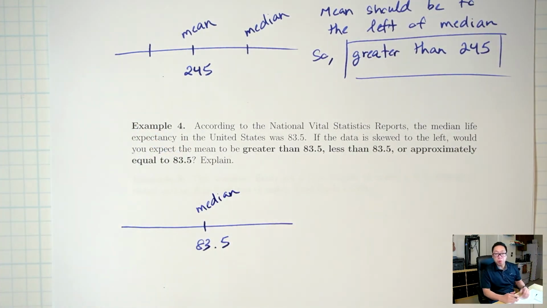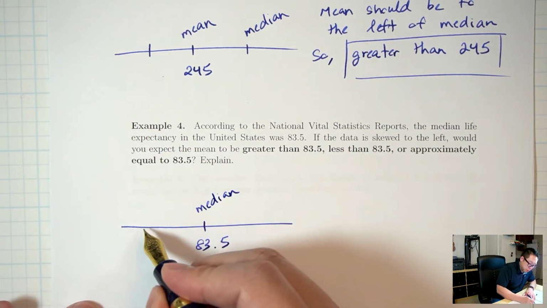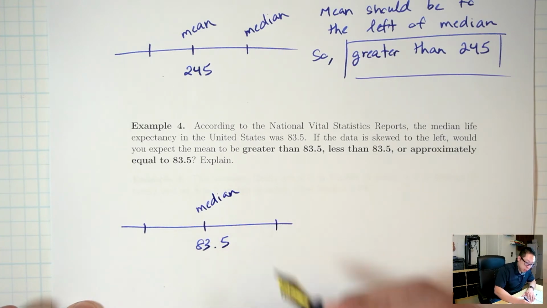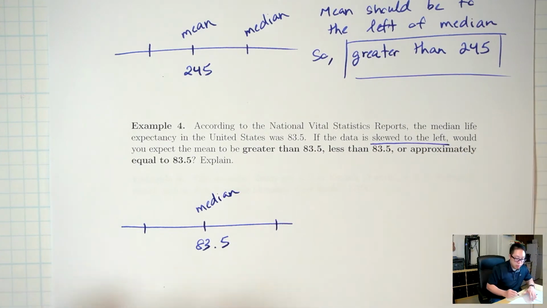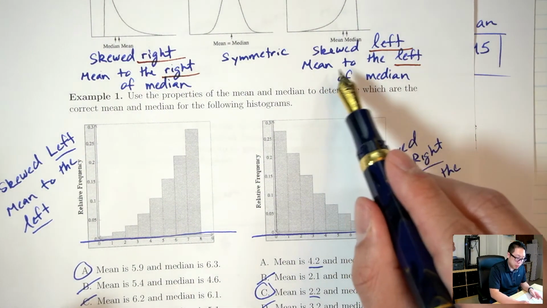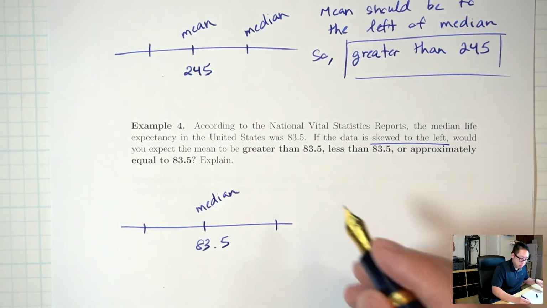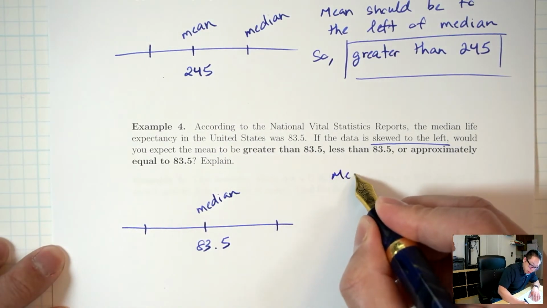And the question here is, where should you put the mean? Do you put the mean right here on the left side or on the right side? And remember, we want the data to be skewed left. Okay, if I want data to be skewed left, the mean should be to the left.